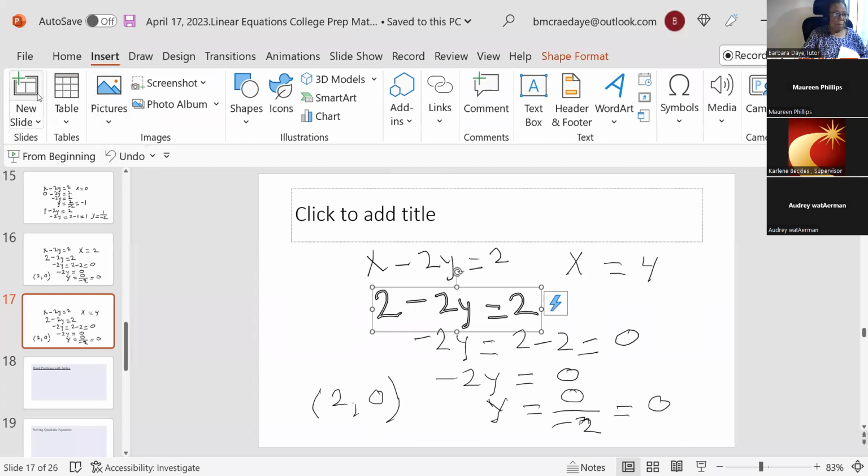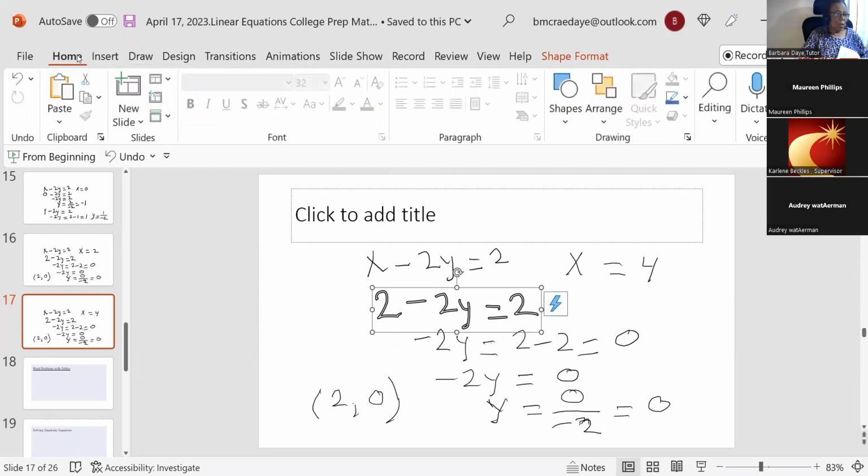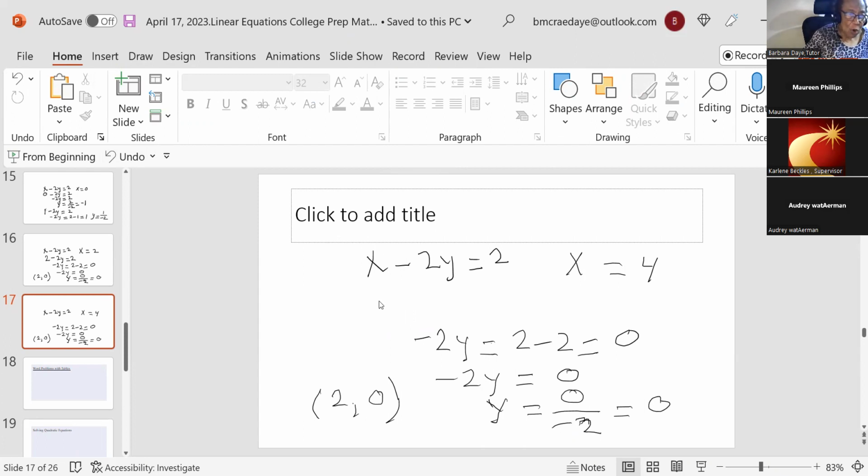So x is 4, and I want you to solve for y.